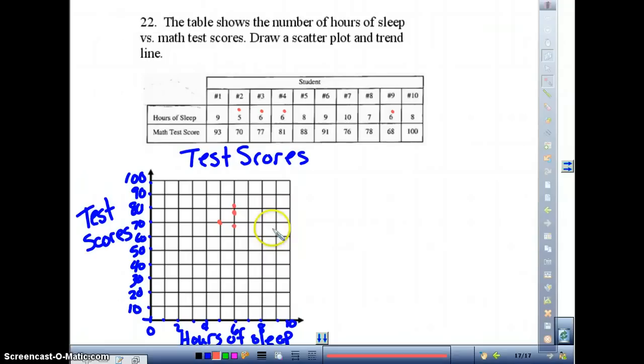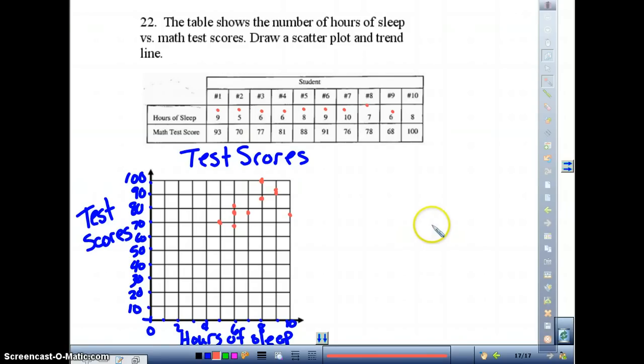Let's see, 9, 93 is about here. 8, 88 is about there. 9, 91 is about there. 10, 76 is about there. 7, 78 is about here. And 8, 100 is about here. Okay, I've got all of my scatter plot data drawn.